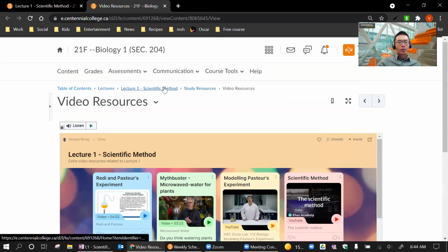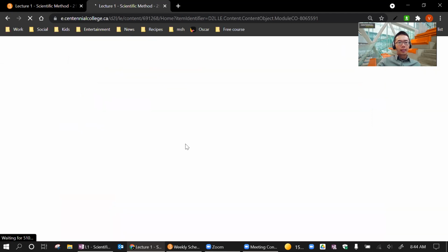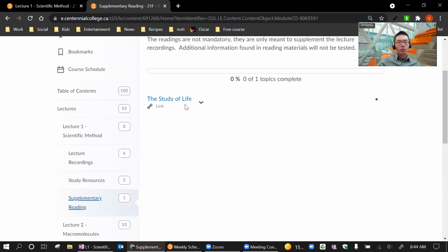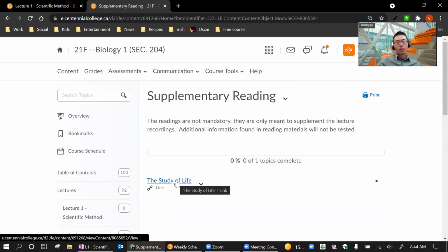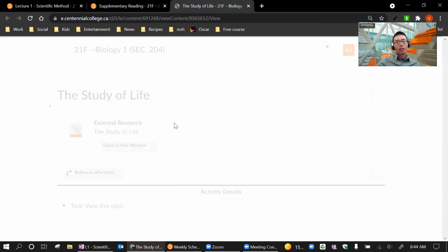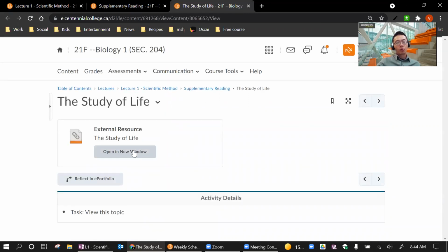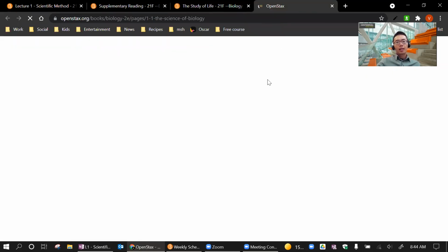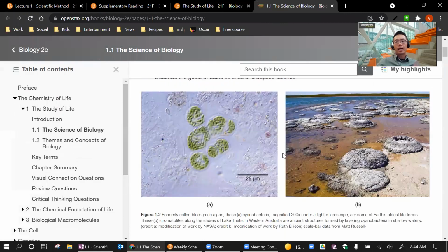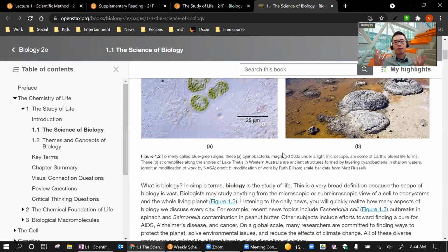Going back to the folder, let's see what else is there. There's also a supplementary reading that you might want to look at. If you click on that, you have to click open a new window as well. That will take you to an online open source textbook. We don't have a physical textbook that you have to purchase.